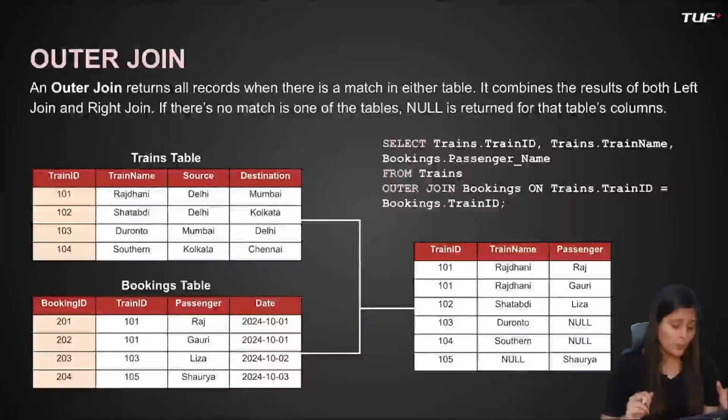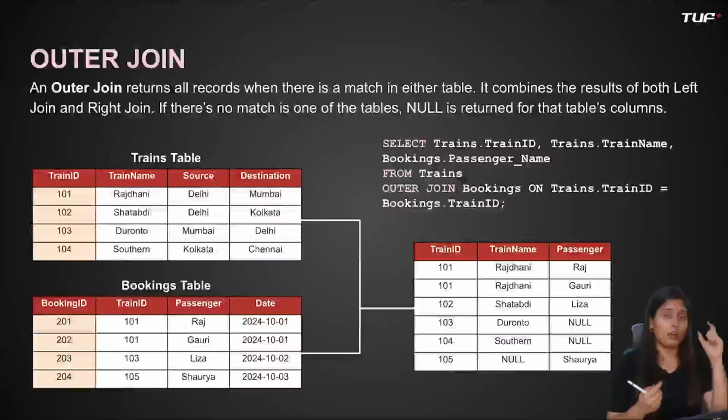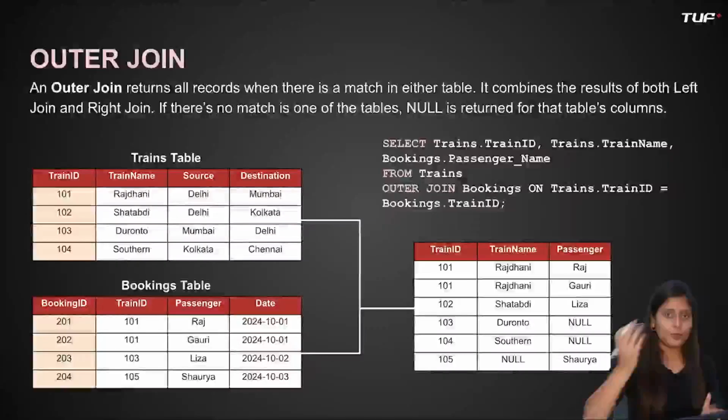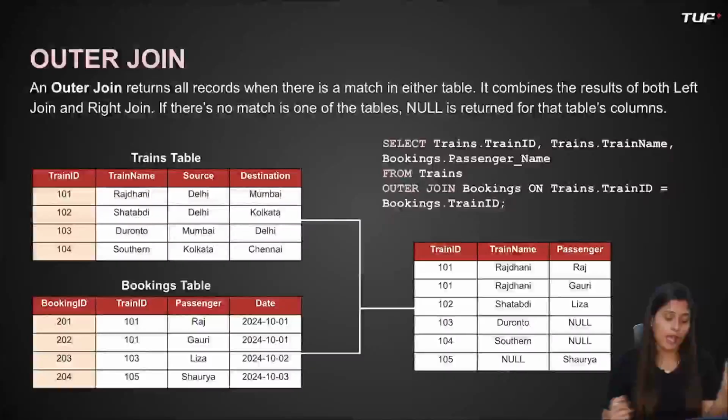So this is how the resultant for outer join will look, because this is basically the resultant of both left join plus right join, and we keep the value as null if we do not have that particular attribute present there. So this was all about the four different types of join which we have learned in this lecture. Why have we learned joins?